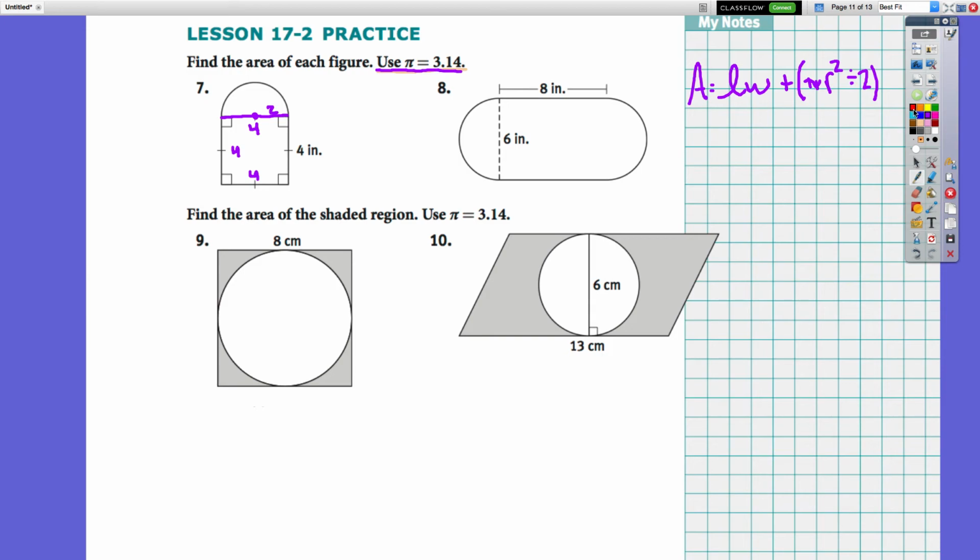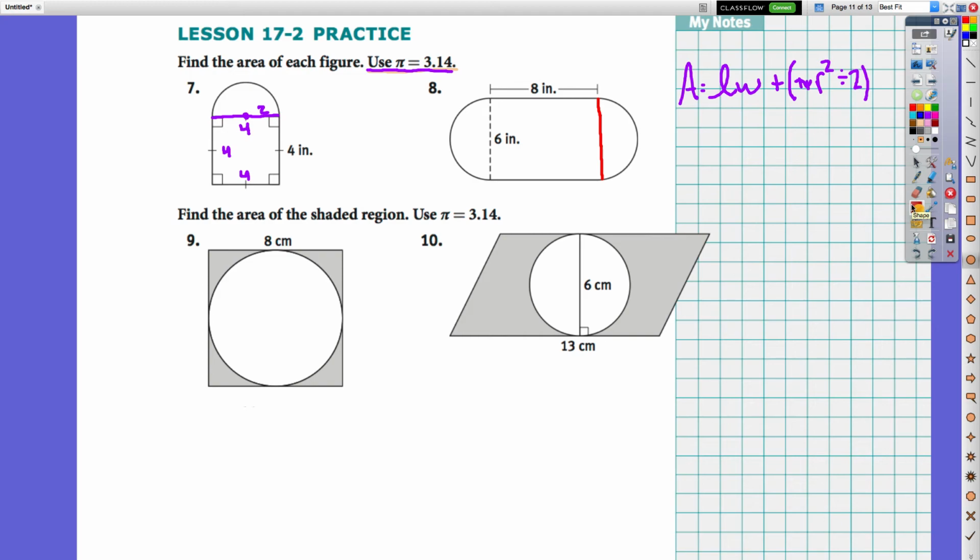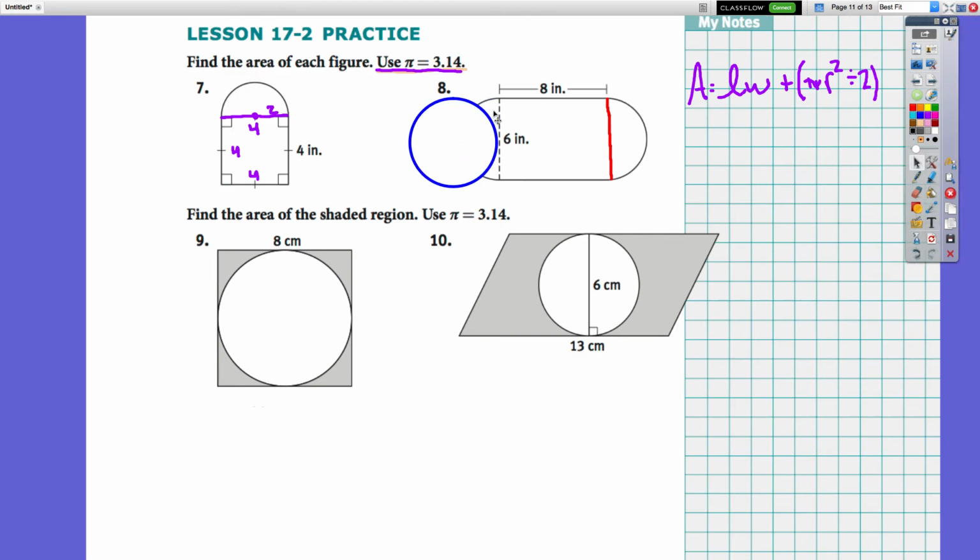Now number 8 is a bit unique. Okay, if we split this up, we have a rectangle and 2 semicircles. Well, what would 2 semicircles make? Let's take a look. Well, it looks like to me that 2 semicircles would make 1 whole circle.